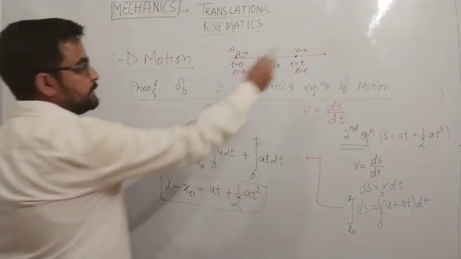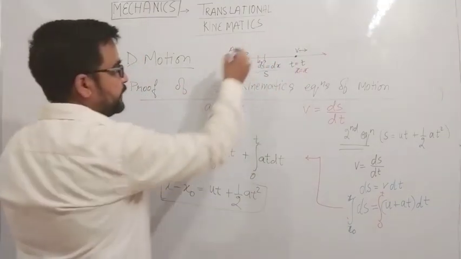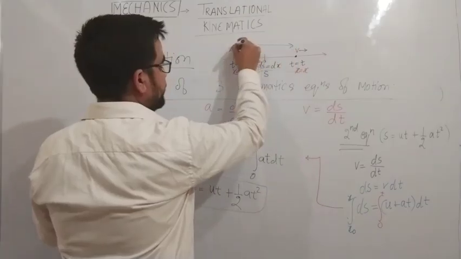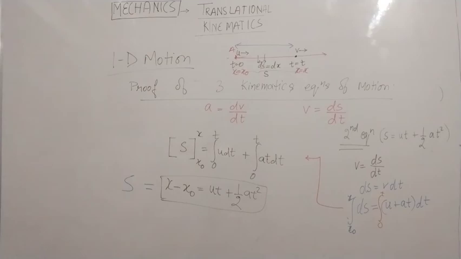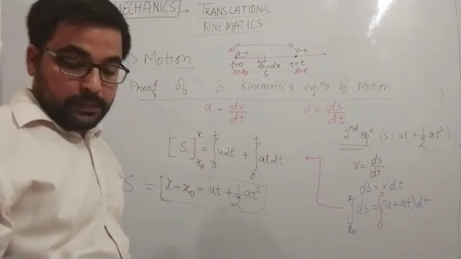Now see, x minus x naught is nothing but displacement. So that's why we can write s is equal to ut plus half at square.